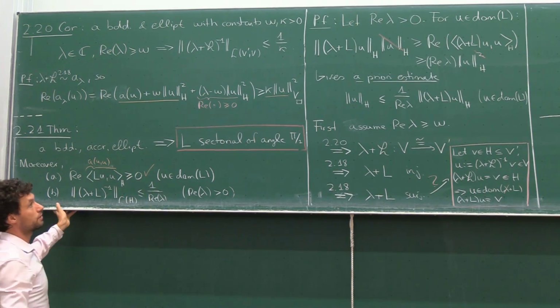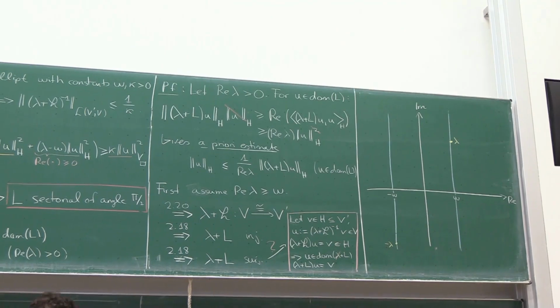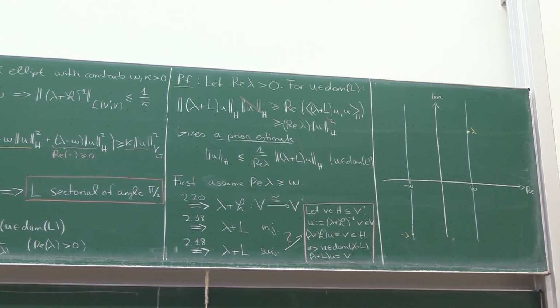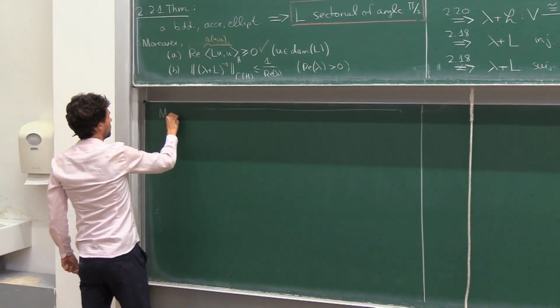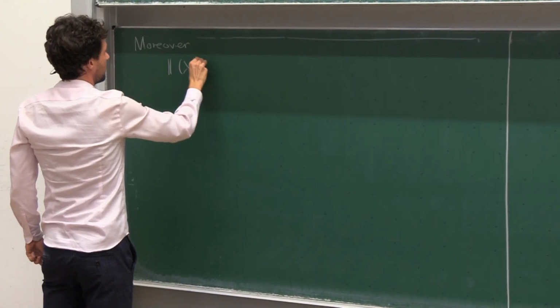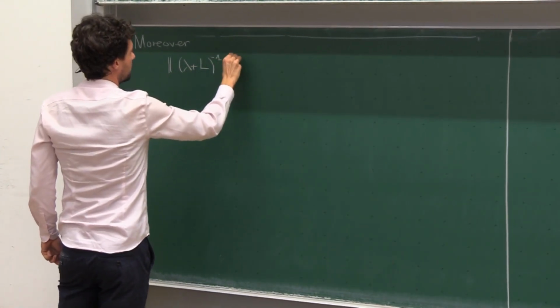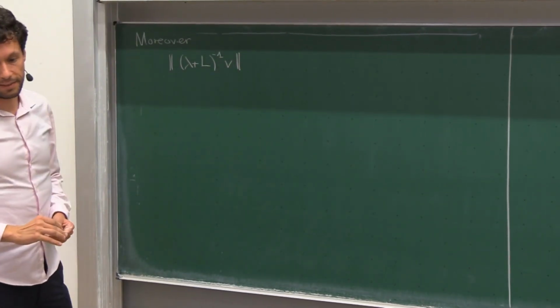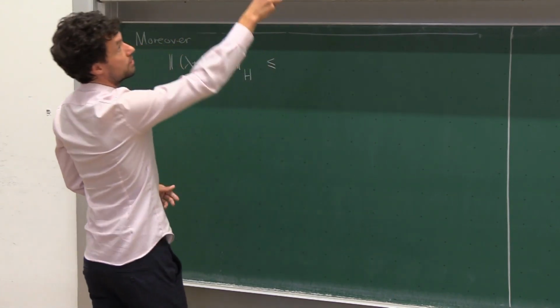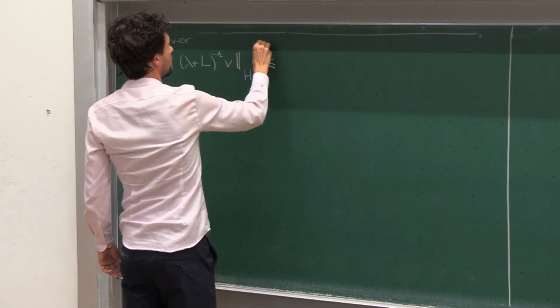So I'm going to use the drawing over there from time to time. So now that we know that lambda plus L is bijective, I can also write down an estimate. Okay, so if I want to use lambda plus L inverse applied to some element V in H, then I can use this a priori estimate.